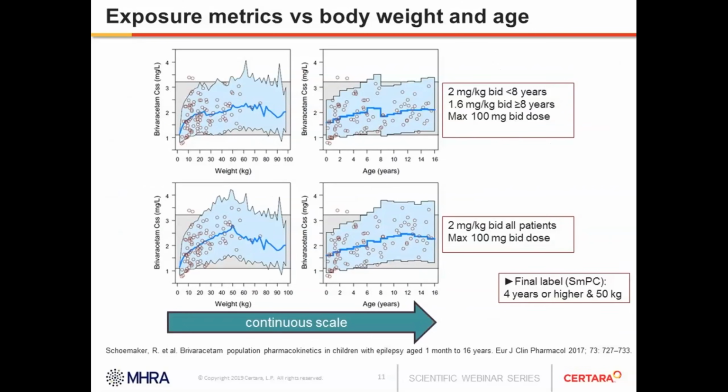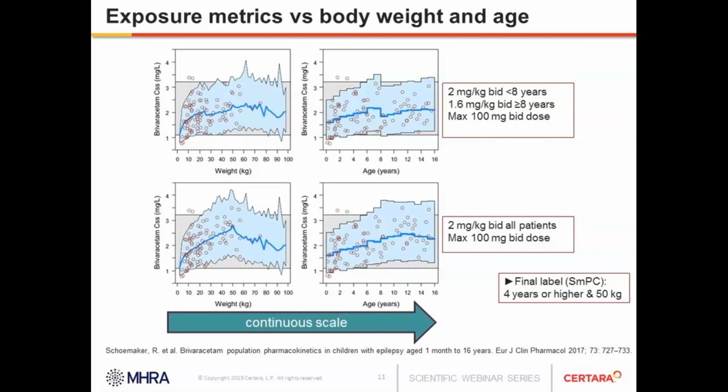So here's the first example that's shown in the Q&A. This is an example from brivaracetam. What you can see here is the predicted steady state given by weight on the left-hand side and age on the right-hand side, and you can see it's a continuous scale on the x-axis. At least for this example, it's showing the final population PK model for children using an NHANES database using 2 different dosing regimens.